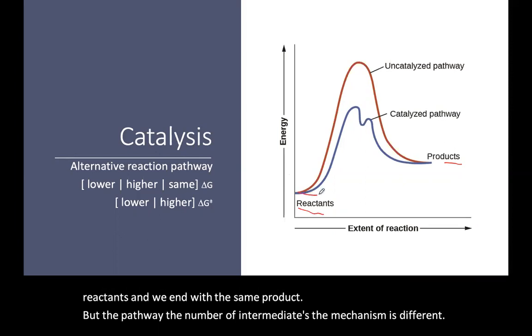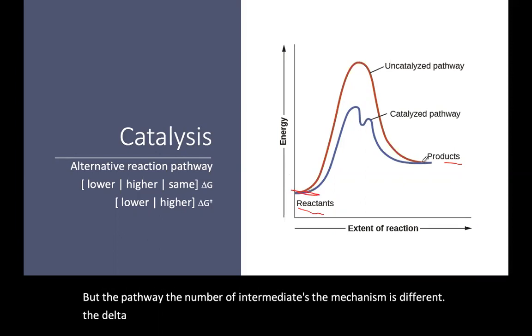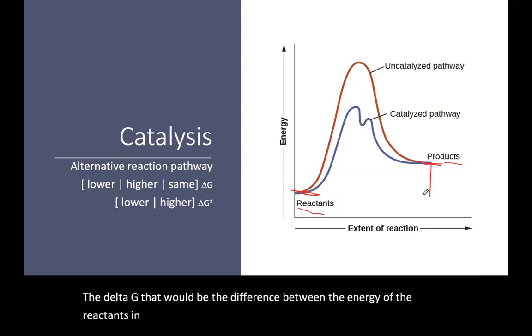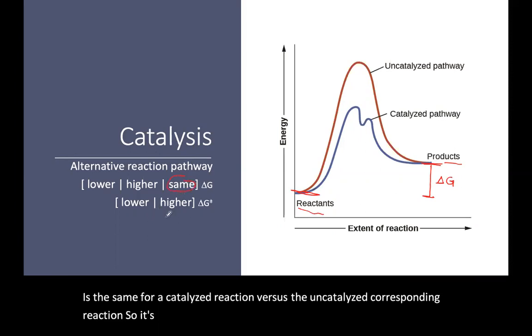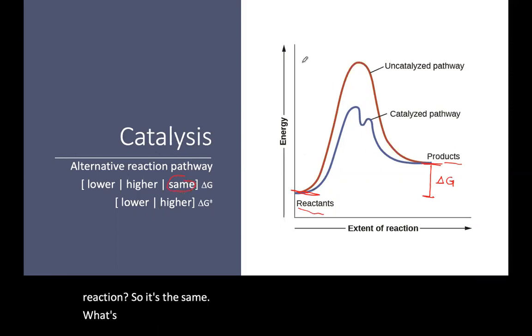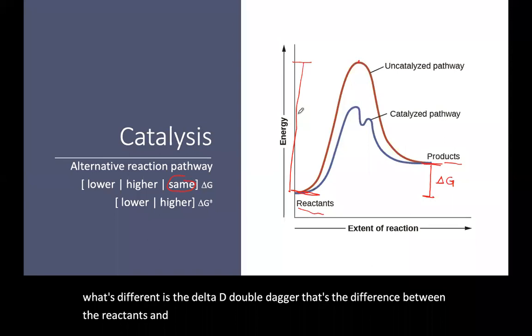The delta G, that would be the difference between the energy of the reactants and the products, is the same for a catalyzed reaction versus the uncatalyzed corresponding reaction. So it's the same. What's different is the delta G double dagger. That's the difference between the reactants and the transition state.